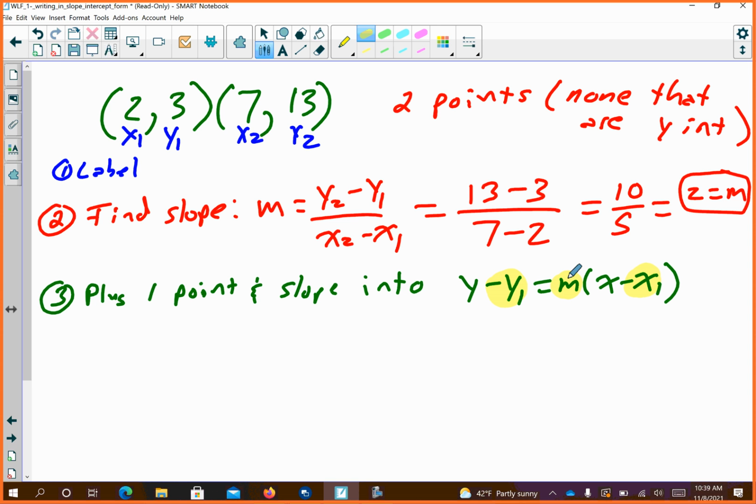Okay? So, I always tell students, you already have x1, y1 labeled above, so go ahead and use that. If you use the other one, you're still going to get the same answer if you solve it for m. It's just already labeled, so you might as well use it. So I'm going to get y minus 3, because it was positive 3, so it plugs in as negative. Slope of 2, x minus 2.